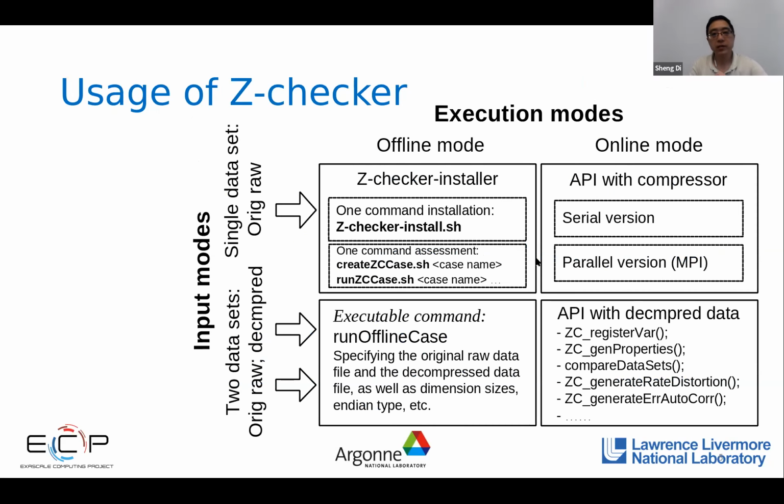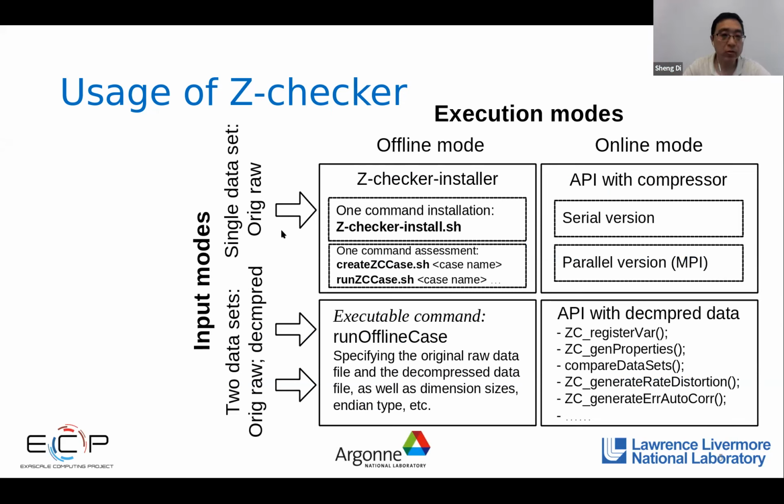Okay, so Z-checker provides two input modes. One of them is that the user can input two data sets, which are the original raw data and the decompressed data, respectively. That means, if the users have their own compressors and have already performed the compression and decompression on the original data set, they can make use of Z-checker to perform the analysis only for the reconstructed data.